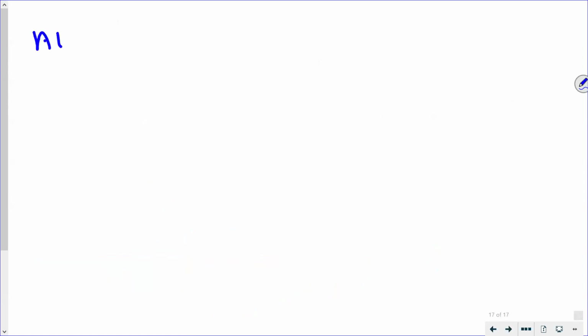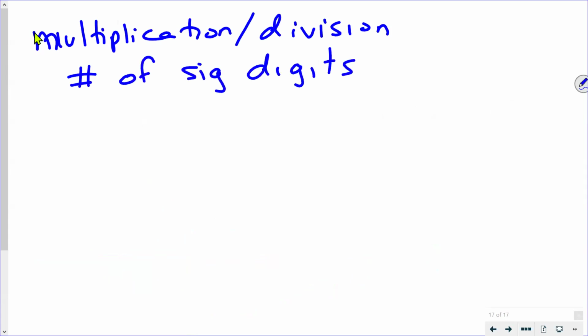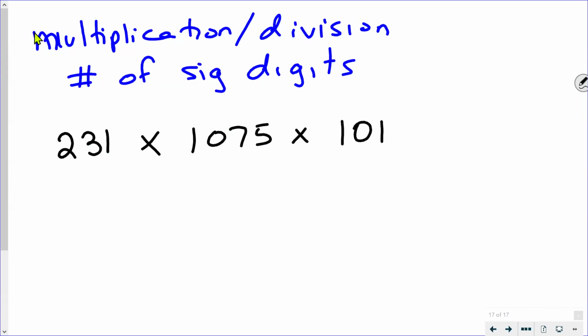Multiplication and division: it's the number of significant digits, right? 231 times 1075 times 101.